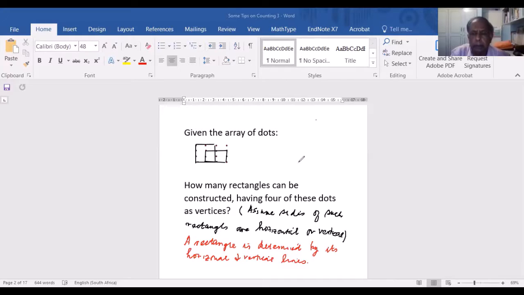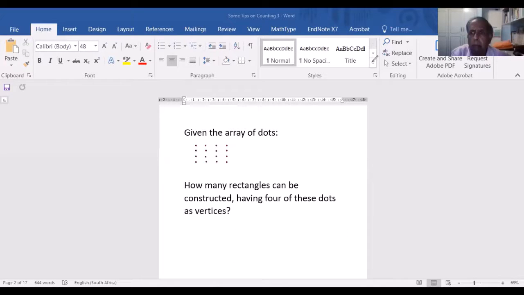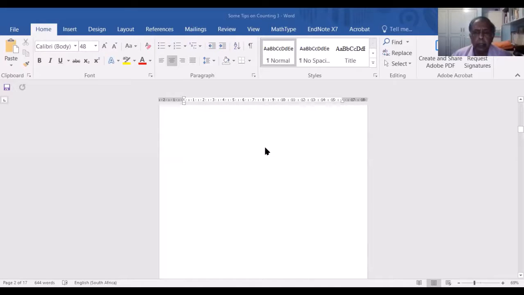And then, so the question is, how many ways can you choose the horizontal lines? In how many ways can you choose the horizontal lines? And the answer is, there are 4 horizontal lines you can choose from, and you have to choose 2 of them.